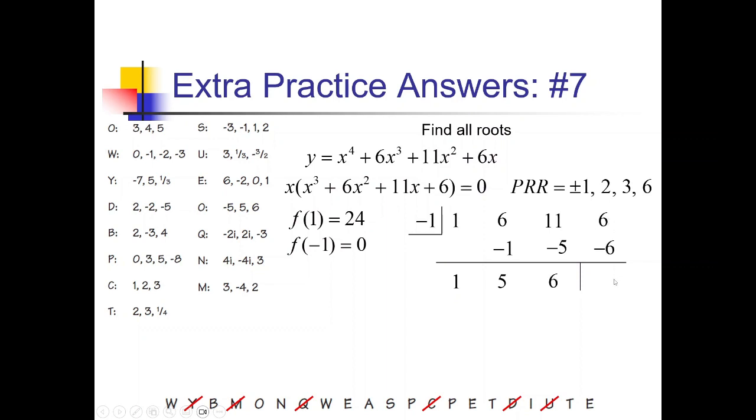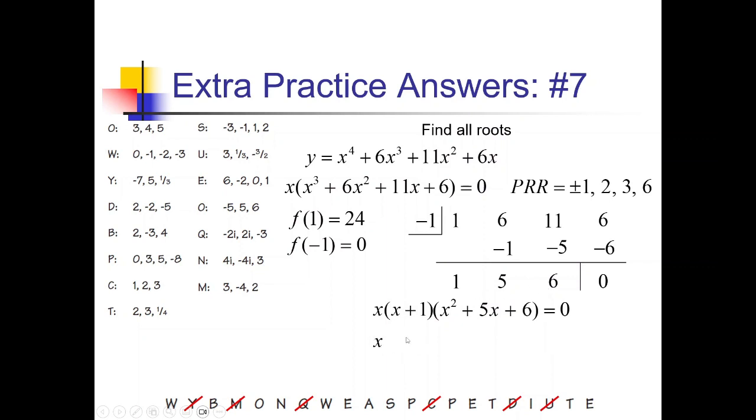Plus 6 gives me 0. So I have the x that I took out initially. This factor here is going to be an x plus 1, x minus negative 1. And then my quotient, 1x squared, because we started with x cubed when we did this, and then plus 5x plus 6.